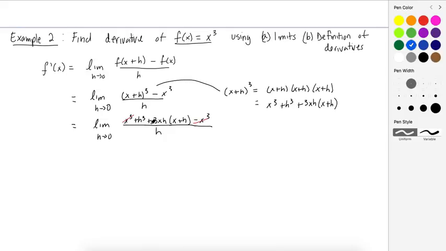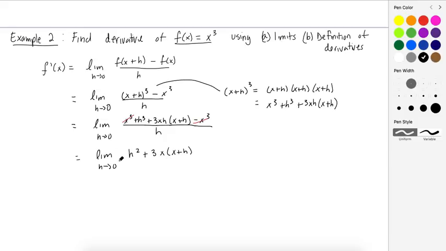Now if we eliminate one of those h's, what we're left over with is the limit as h approaches 0 of x squared plus 3x times x plus h. And since the h gets eliminated from the top and the bottom, this is what we're left over with.